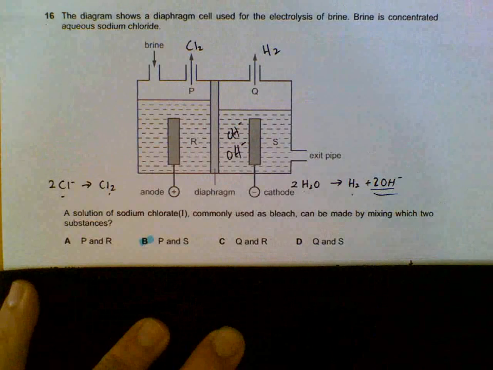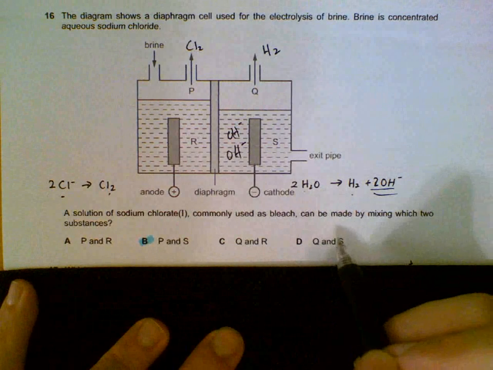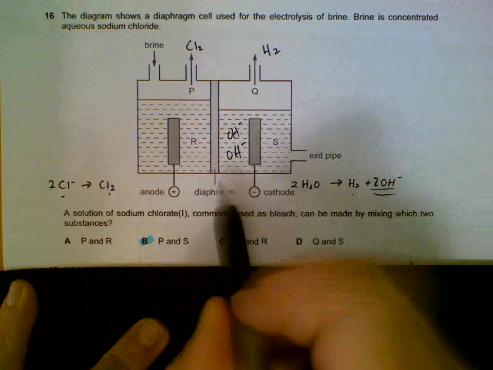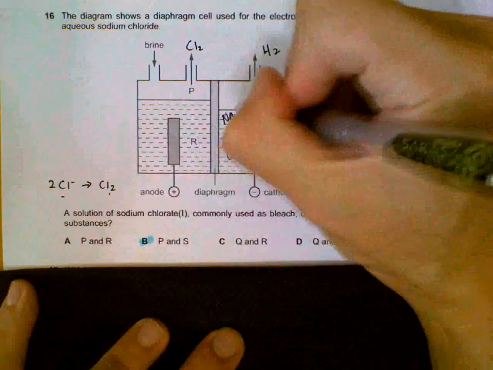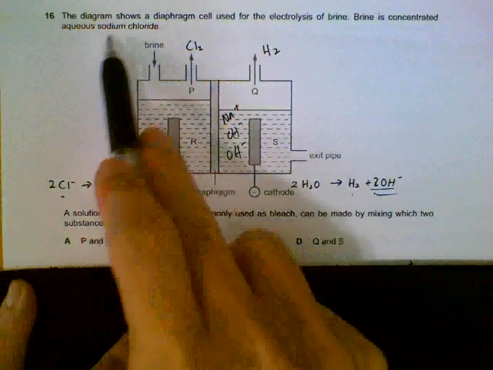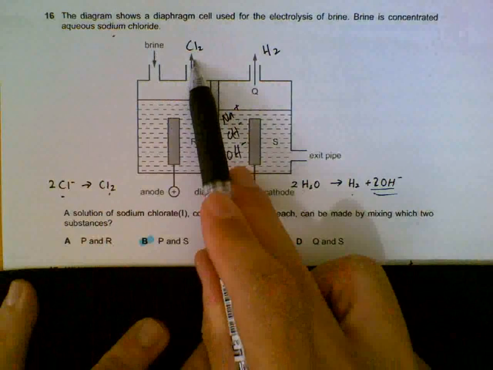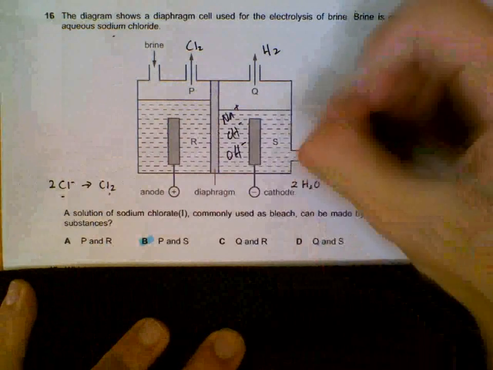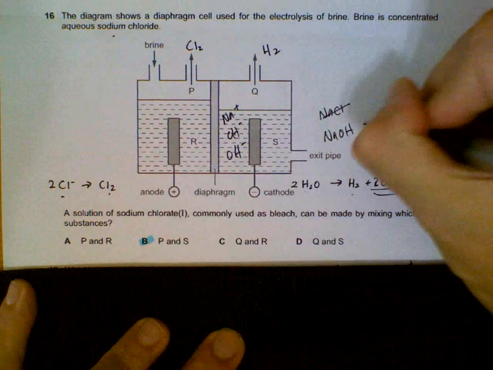So what don't we want to react? We have hydroxides here. To be more specific, we have sodium hydroxide because we have sodium ions. Sodium hydroxide will react with chlorine gas.